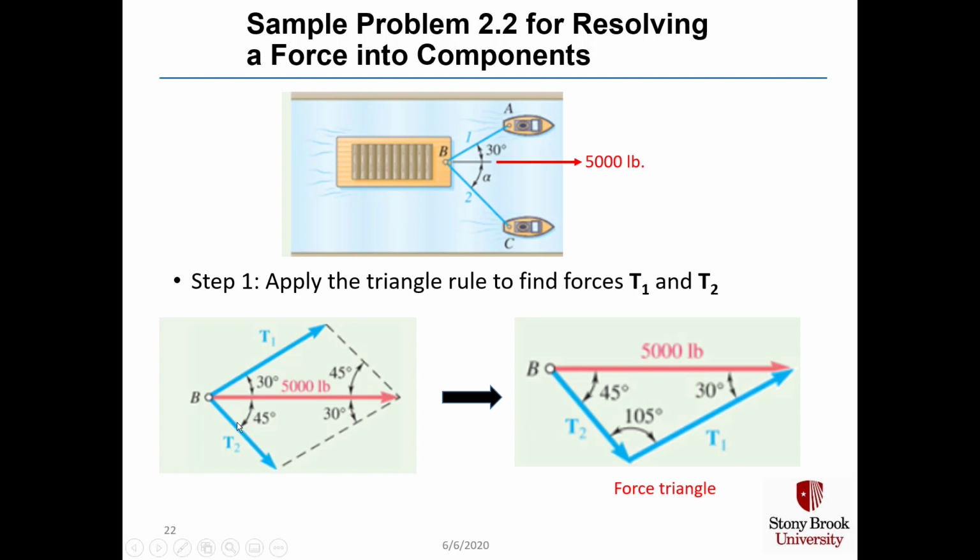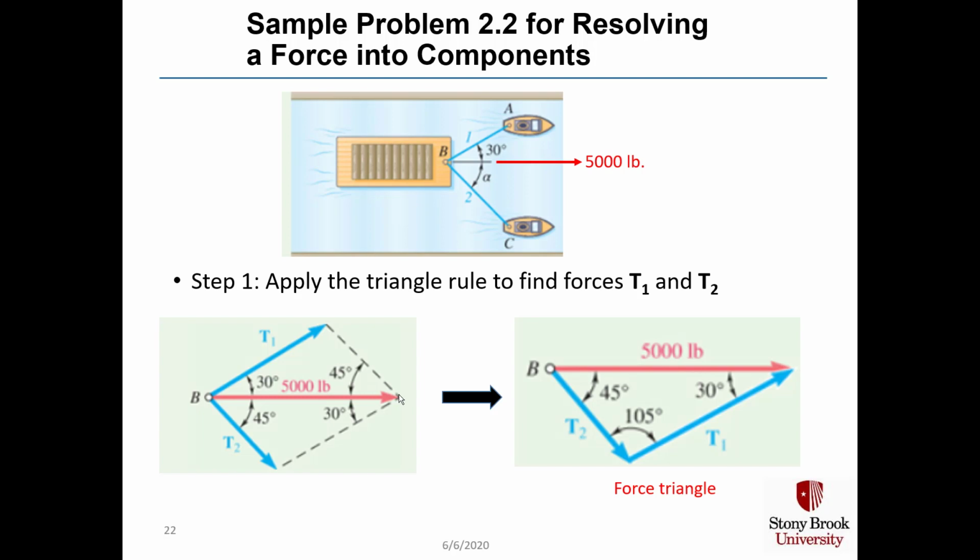Notice we've drawn in our 45-degree angle and our 30-degree angle in this picture. And by symmetry, the 30-degree angle in the triangle at the top between T1 and the horizontal becomes this 30-degree angle here on the bottom with our dotted line and our vector, which is 5,000 pounds.